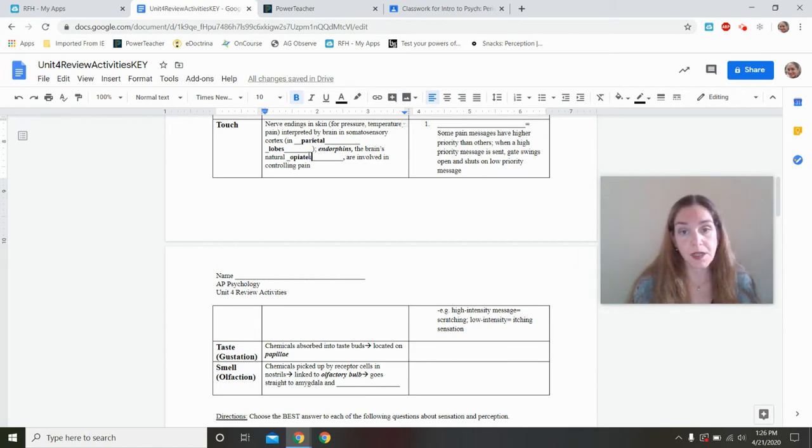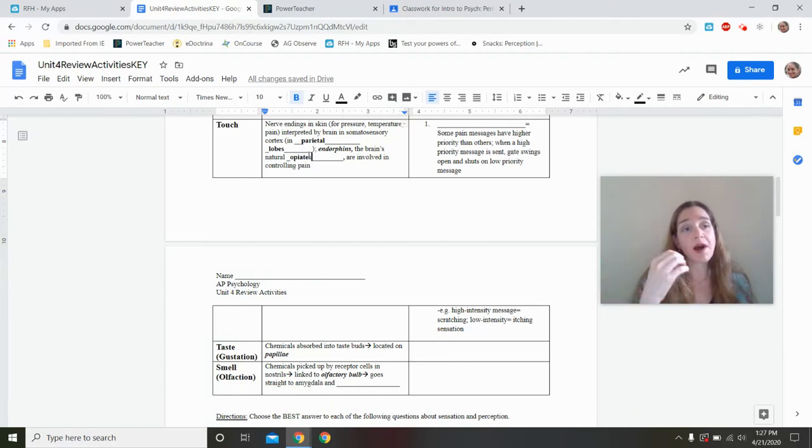Now, there's one theory associated with touch, specifically pain itself. It says that there are essentially two pathways that sensation can travel on. One is a more slow-moving pain pathway, and one involves all sorts of stimulation. And there's going to be a gate from the spinal cord to the brain to interpret that information.